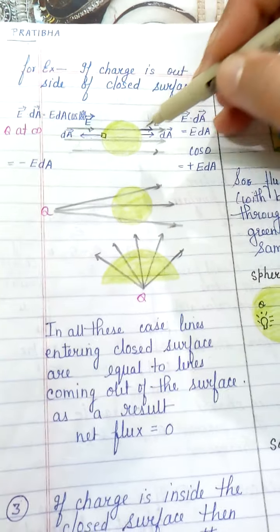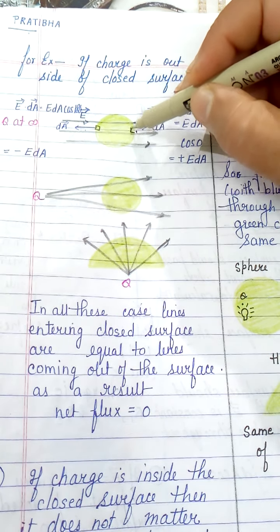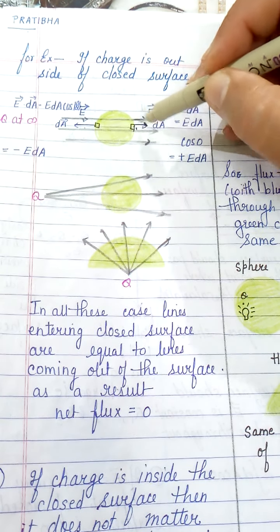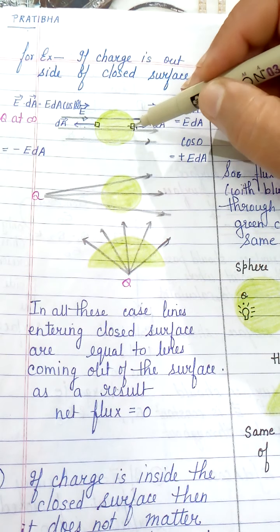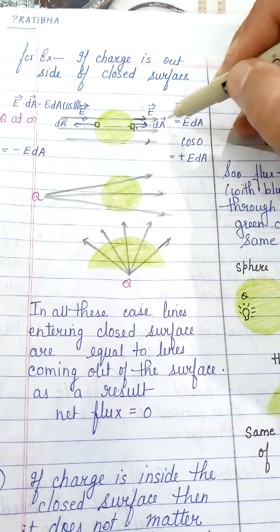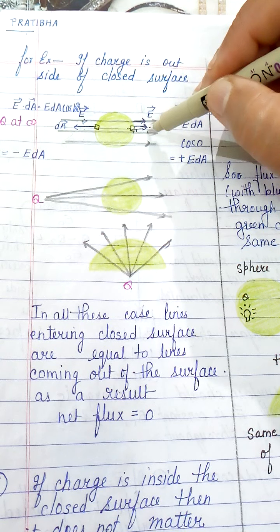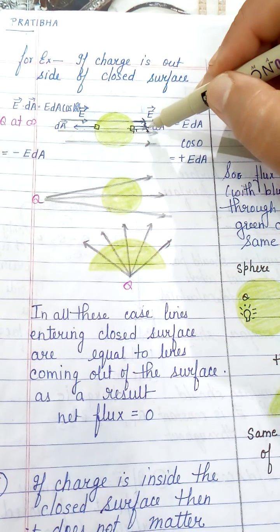But if you take this side, dA will have its orientation coming out of the surface and perpendicular to the surface, while the electric field is still in the same direction, left to right. Now you can see that the electric field and area vector are here parallel and the angle between them is 0.